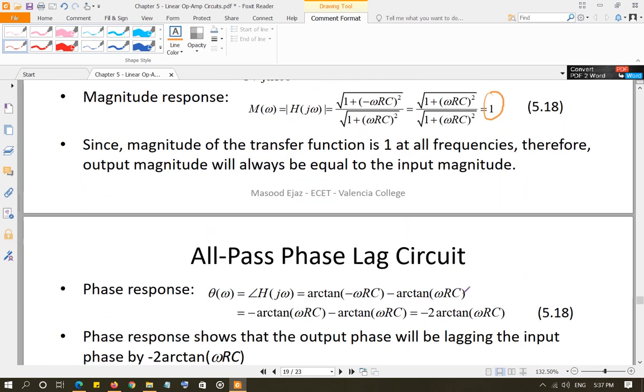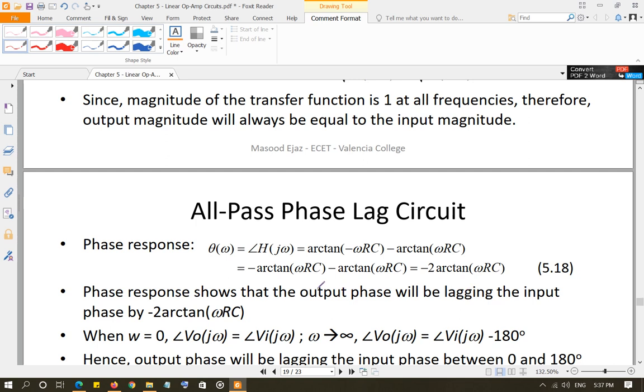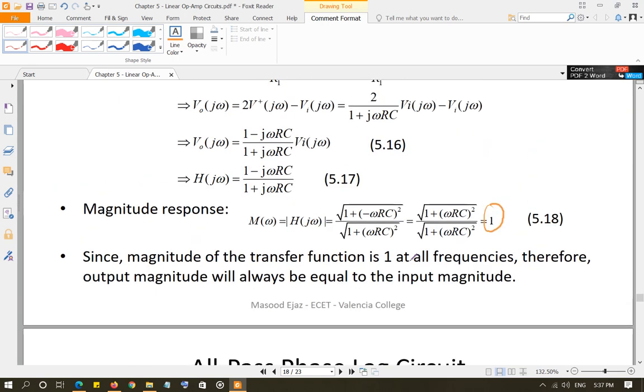And what will be the phase of that? The phase will be the phase of the numerator minus the phase of the denominator. So how do you calculate the phase of a complex number? Tangent inverse of the imaginary part divided by the real part. So tangent inverse of negative omega Rc divided by 1 is the phase of the numerator, and tangent inverse of omega Rc over 1 is the phase of the denominator.